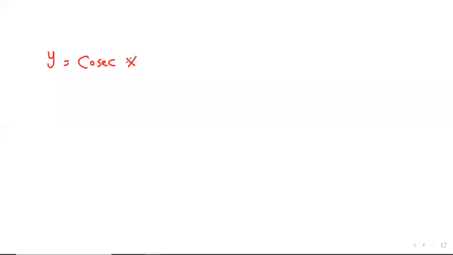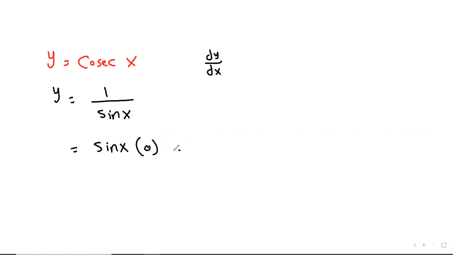If y equals cosec x, find dy over dx. We can write, instead of cosec x, 1 over sine x, and then we are going to apply the quotient rule, which is the denominator sine x multiplied by the derivative of the top, 0, minus the top, 1, multiplied by the derivative of the bottom.